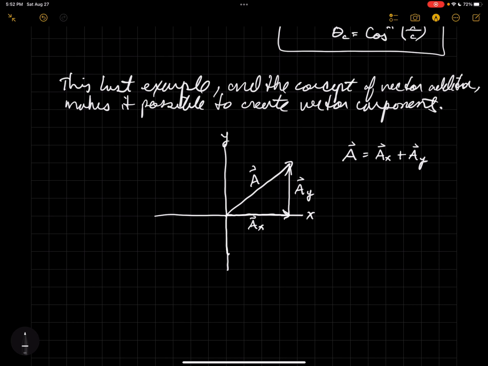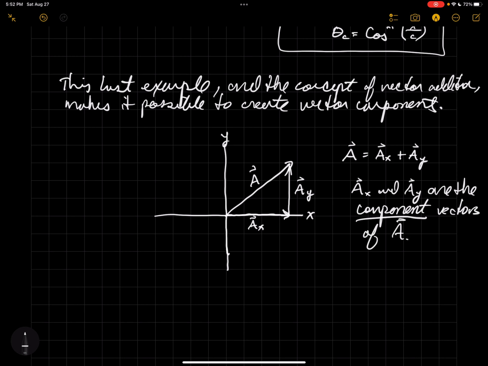And so we call vector AX and vector AY the component vectors of vector A. The reason why they're called this is because the direction of the two vectors are along the primary axes.